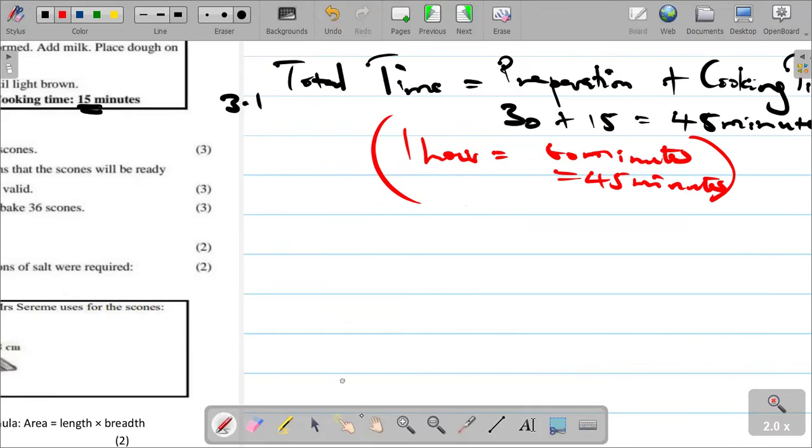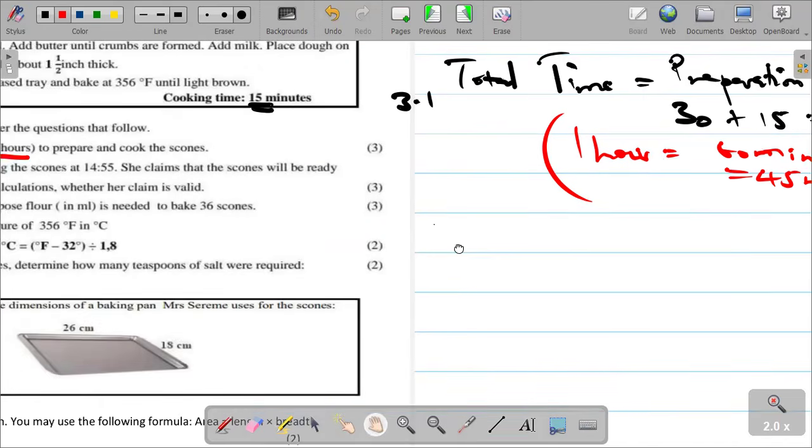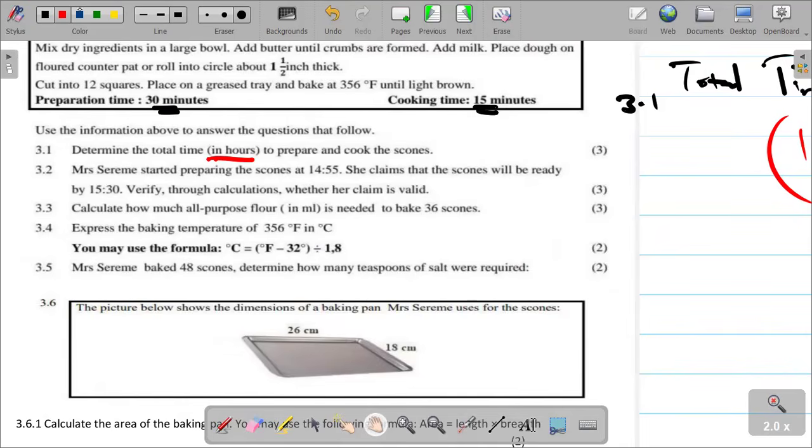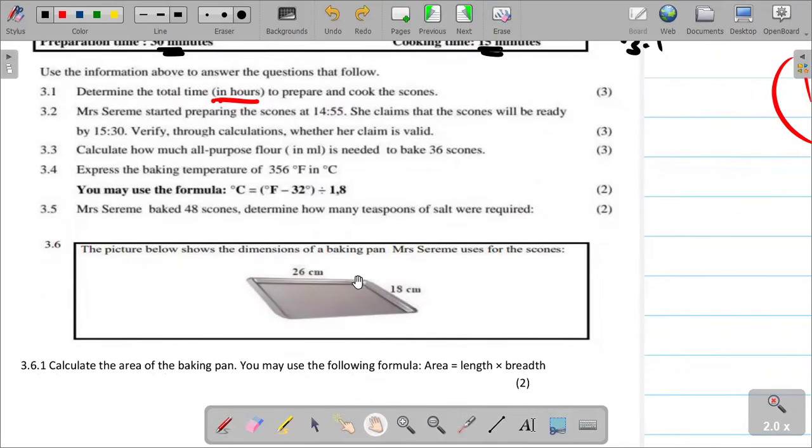And then the next question says, Miss Seremi started preparing the scones at 14:55. She claims that the scones will be ready by 15:30.